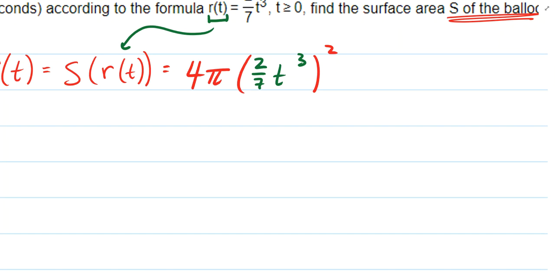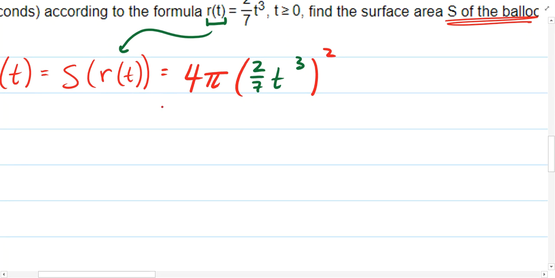But the instructions do ask us to simplify and to report our answer using pi as needed, and fractions as well. So there's no need to use a calculator here. If we imagine the number 4 pi as 4 pi over 1, and we're multiplying by (2/7 t cubed) quantity squared.